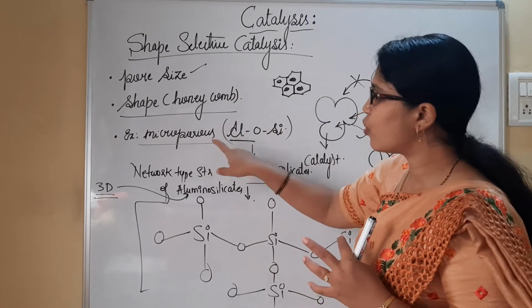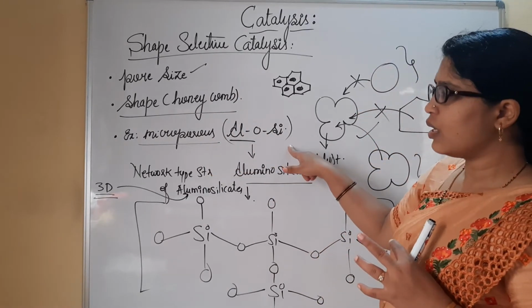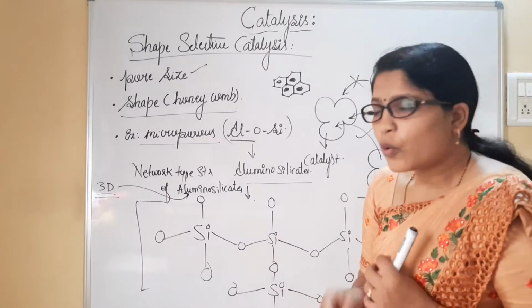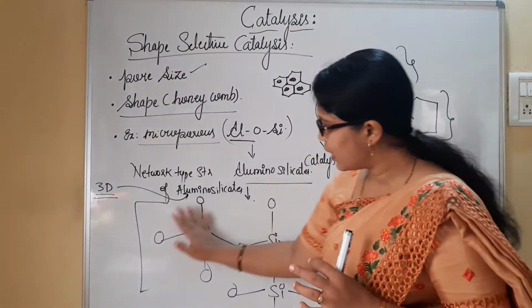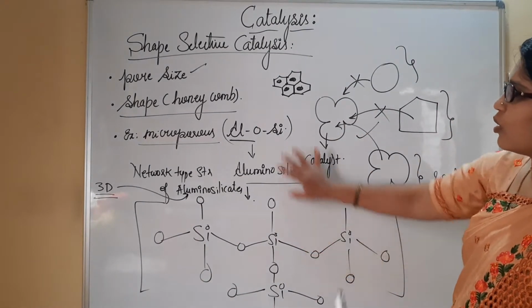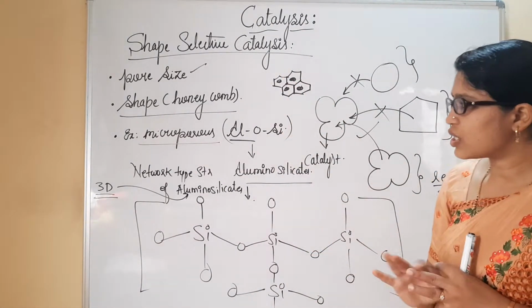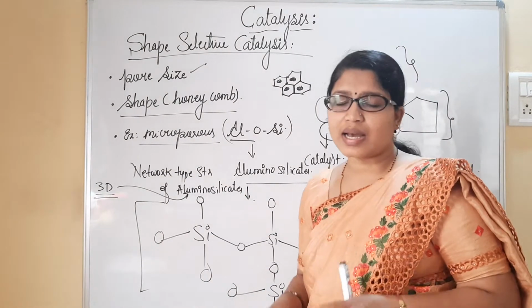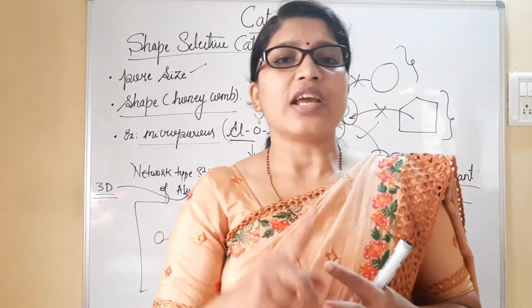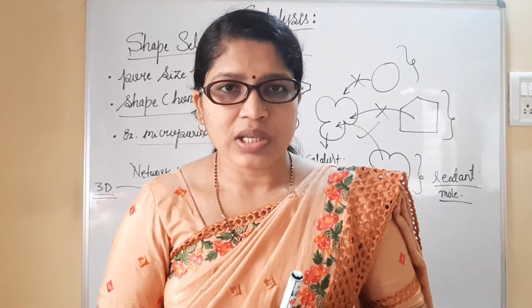An example is microporous aluminosilicates, which have small pores and are honeycomb in nature. I have shown here a linkage exactly similar to a honeycomb structure. Three-dimensional aluminosilicates are considered examples for the shape selective catalysis process.